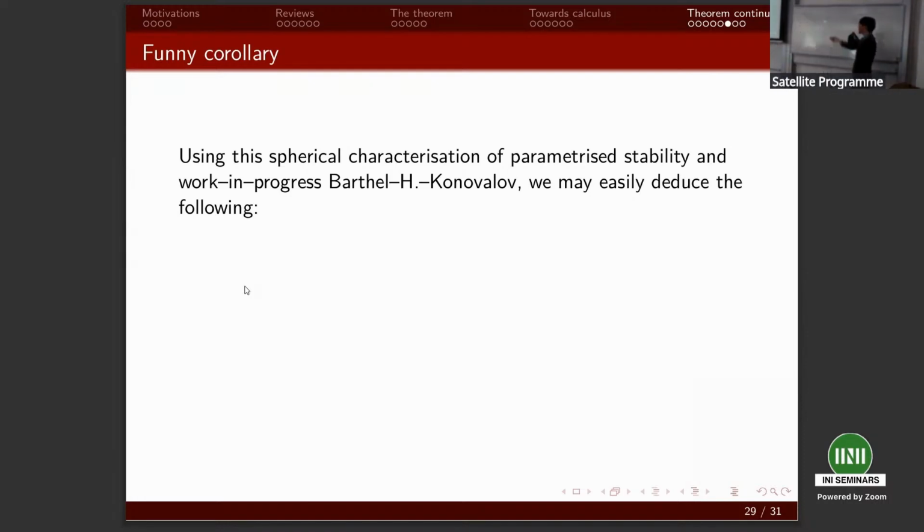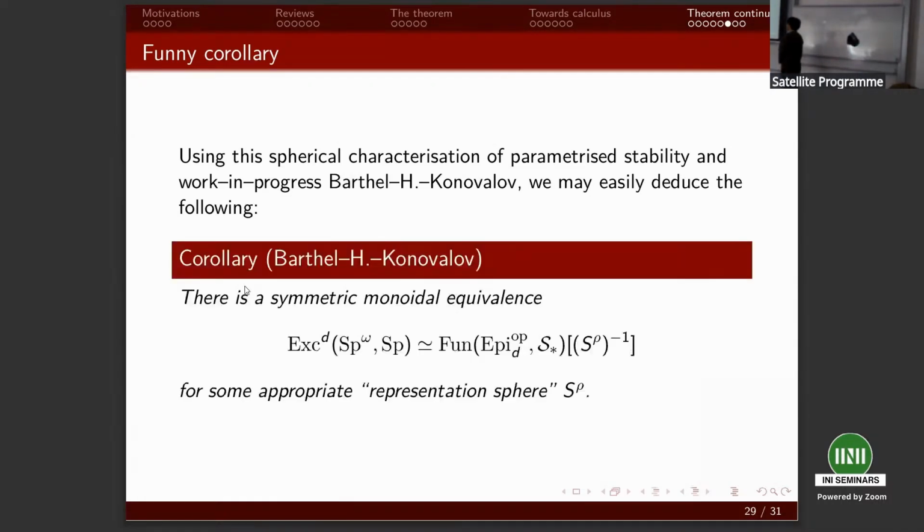Anyway, using this theorem, as an almost immediate corollary you get the following result, which says that there's a symmetric monoidal equivalence from this to pointed presheaves on FED after you invert the representation sphere. So this is kind of like a calculus version of this.